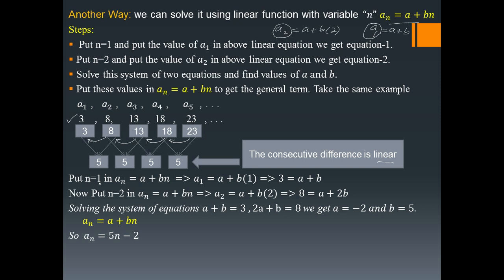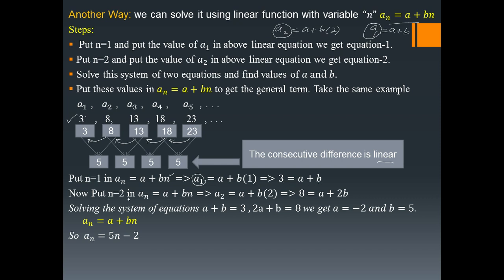First of all, we will put n is equal to 1 in the equation an is equal to a plus bn. We are getting a1 is equal to a plus b multiplied by 1. Now put the value of a1 in the sequence, which is 3. So 3 is equal to a plus b.